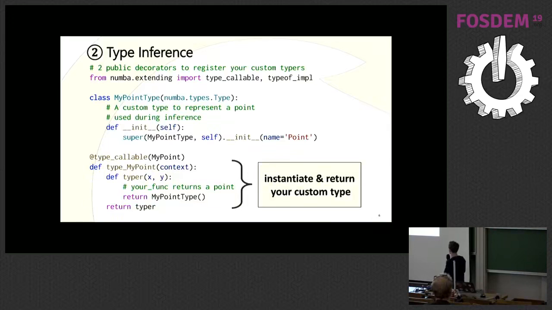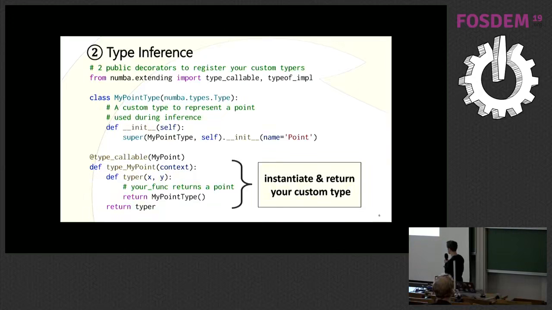Then you can use that to do type inference for your own functions. So here we have a callable, a myPoint constructor, which if you use it in your Python code, will create a myPoint object. And this type callable is basically going to say, okay, I want to infer the types of the myPoint constructor.